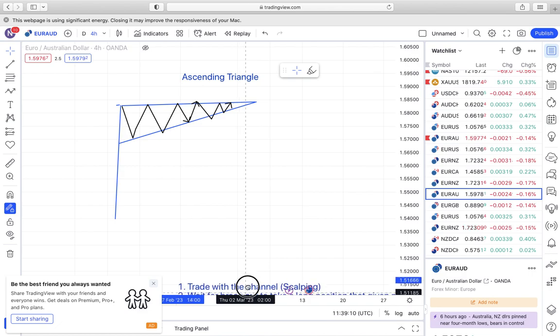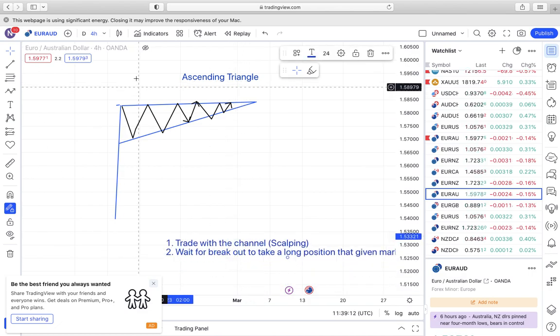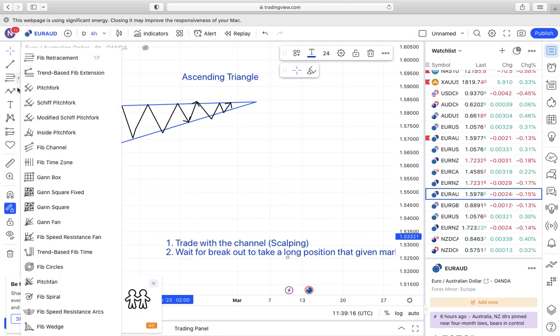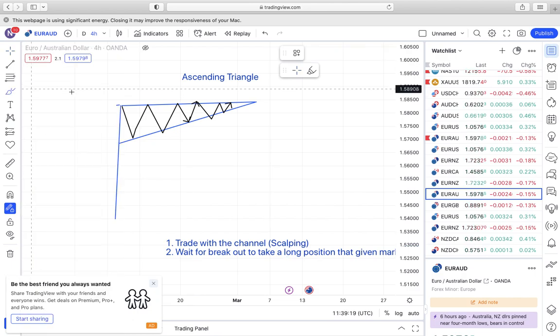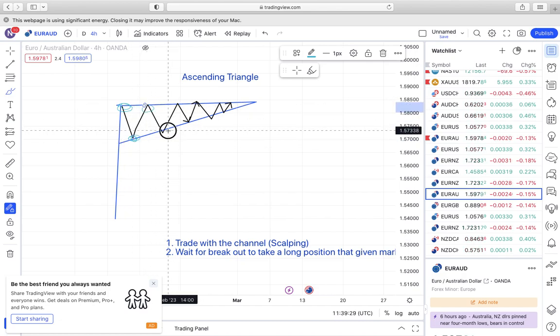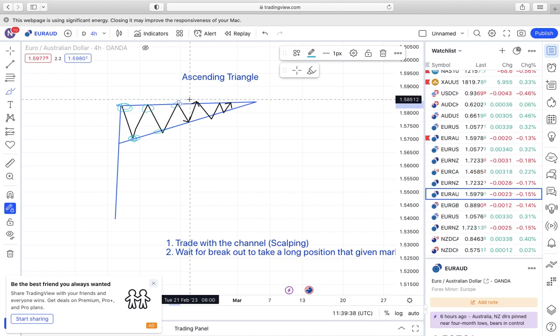Now we are not going to waste time. To scalp in this structure, I know you understand very well: you wait for this structure to touch the trend line, and you buy at the demand zone.